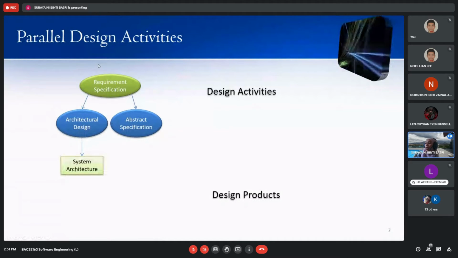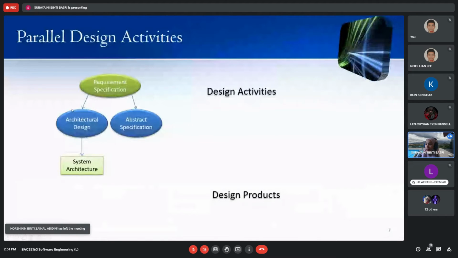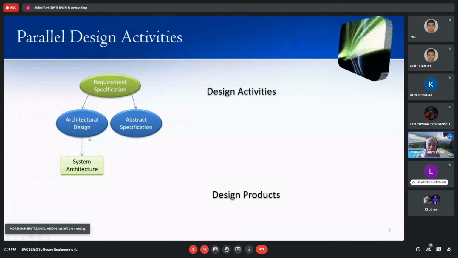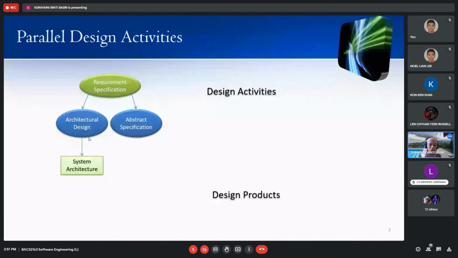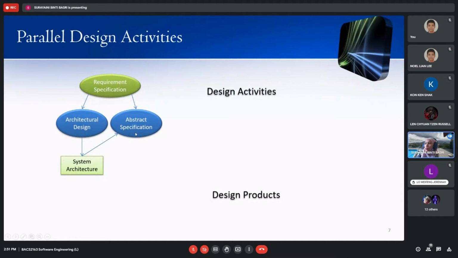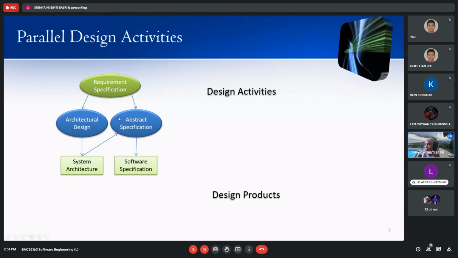The output or the product from the architectural design is the system architecture. After you have the system architecture, you can proceed to do the abstract specification, because abstract specification will need the system architecture. After you have done the abstract specification, you can come out with the software specification.